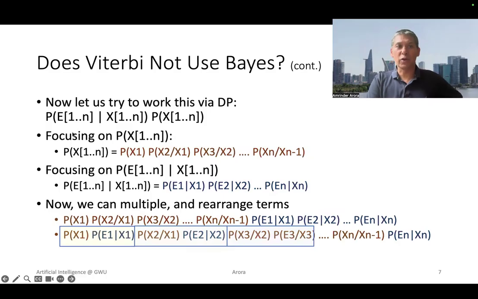Going further, what's the probability of E given x times probability of x? Let's just focus on this thing here, x1 through n. This is equal to P of x1, x2 given x1. This is the nature of the Markov model: x2 really depends just upon x1.